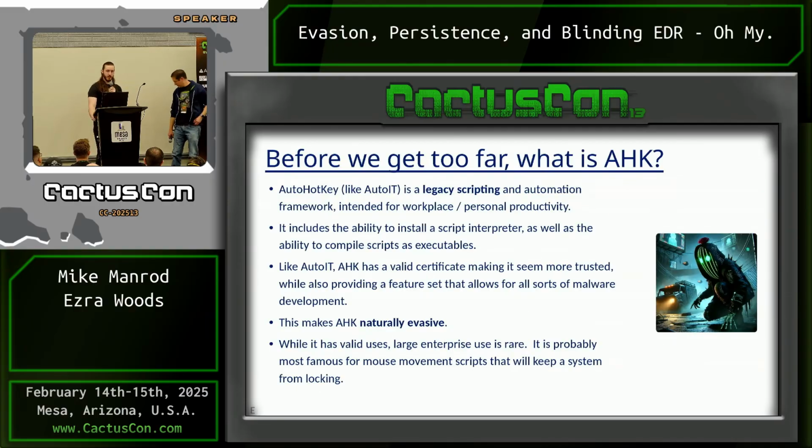Like AutoIT, it also has a valid certificate, so a lot of things inherently trust it, which makes it naturally evasive, because anything you do maliciously with it also looks like what people do with it non-maliciously. It does have valid use cases, but in enterprise it's not very common.